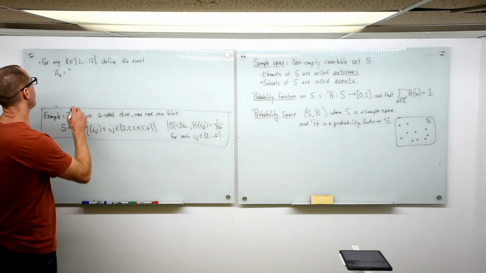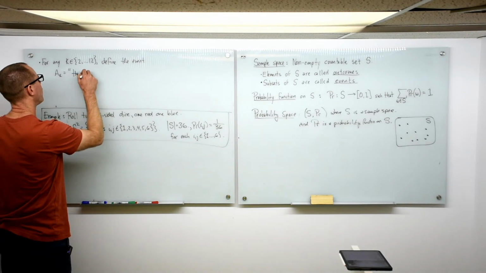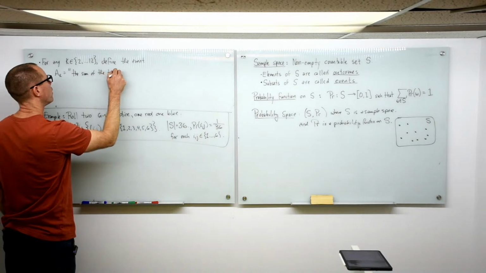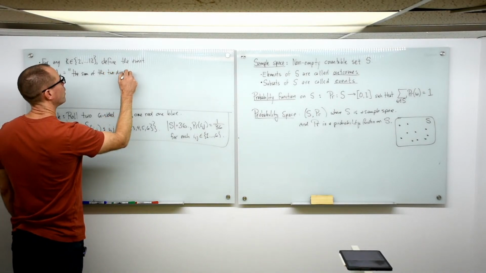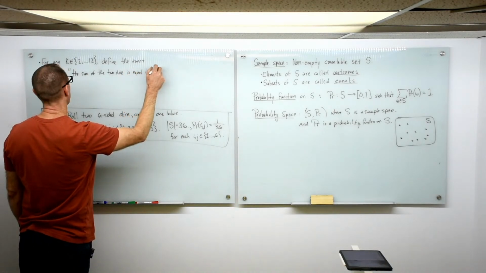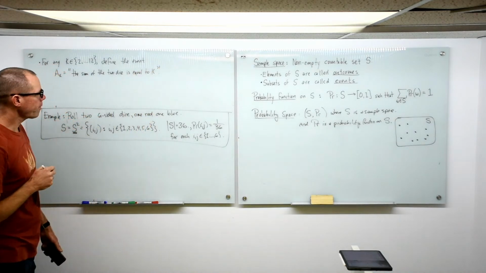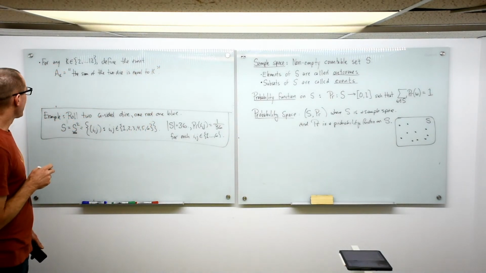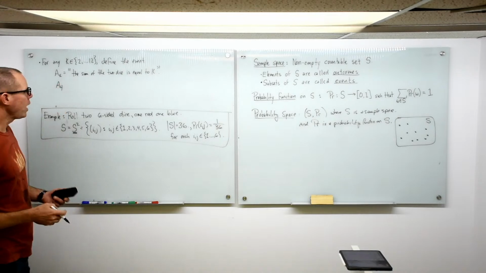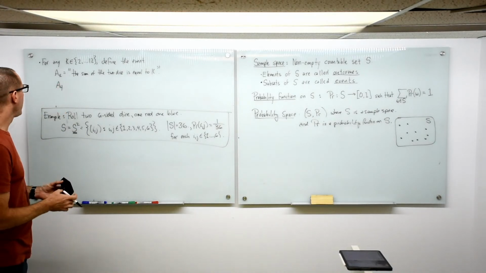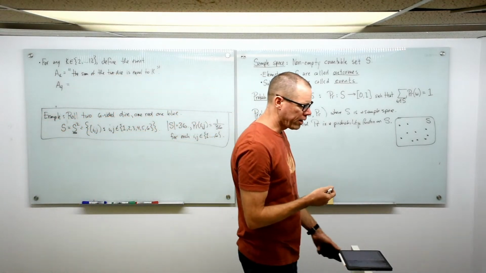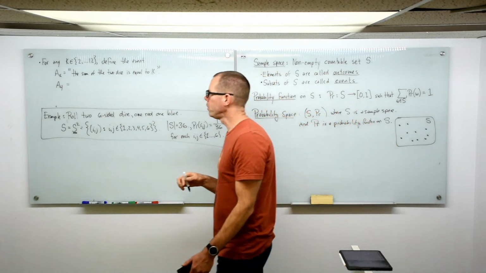The event A_k would be "the sum of the two dice is equal to k." So for example, if I take k equals 4, then I'm interested in all of the ways I can roll two dice and get a 4, and they're not too hard to list.